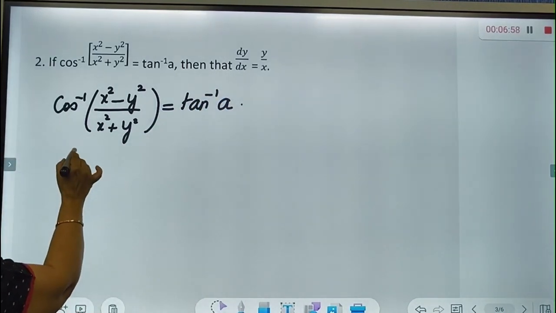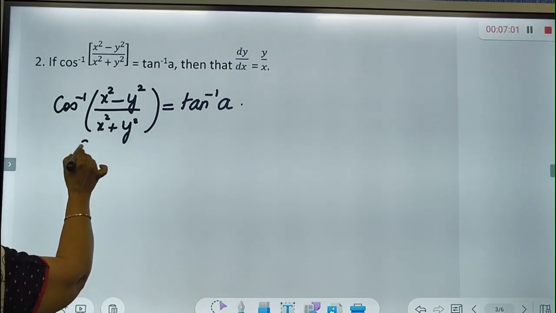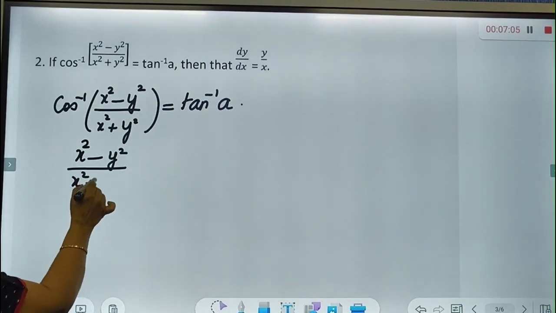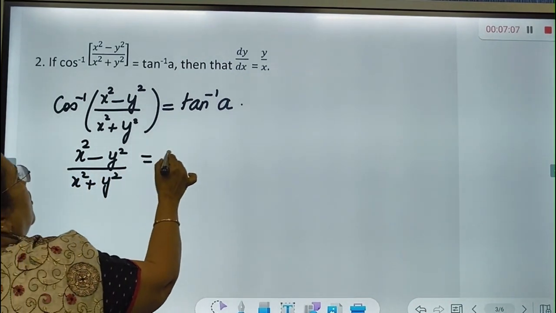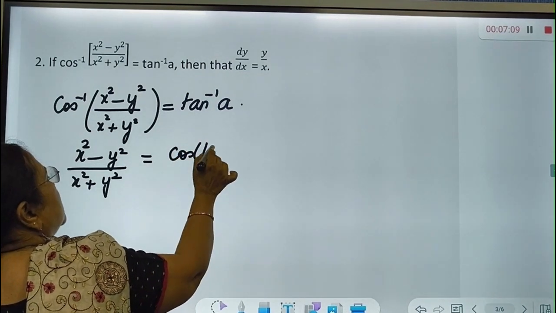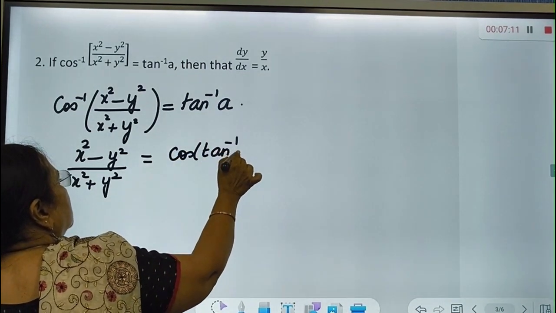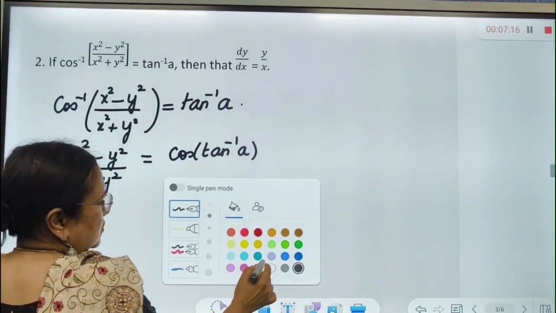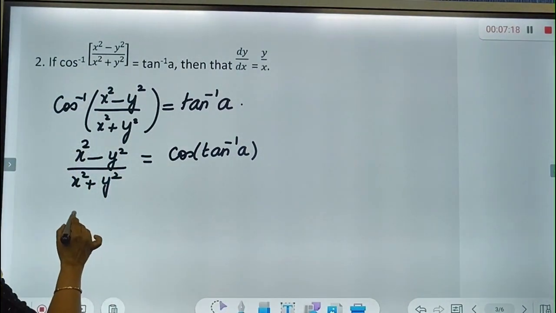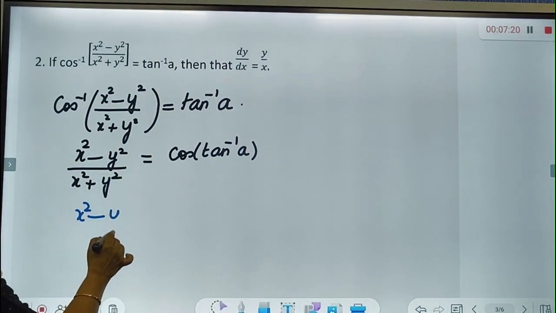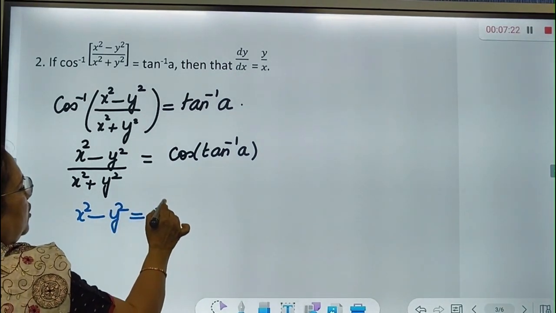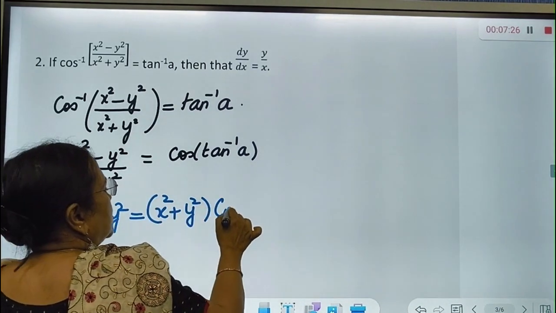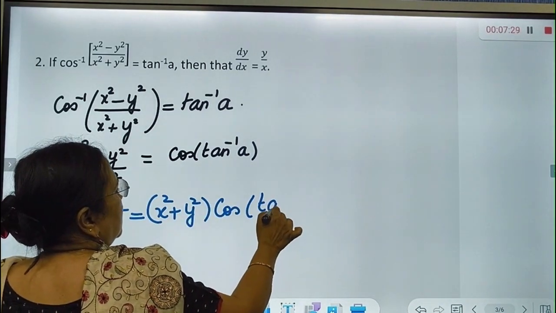So x square minus y square by x square plus y square will be equal to cos of tan inverse a. Now I can write x square minus y square is equal to x square plus y square into cos of tan inverse a.